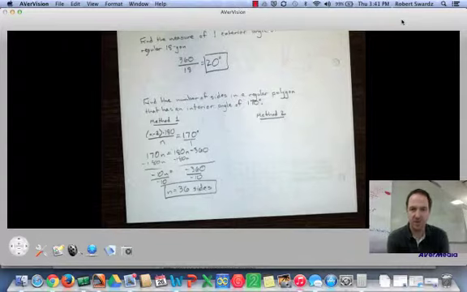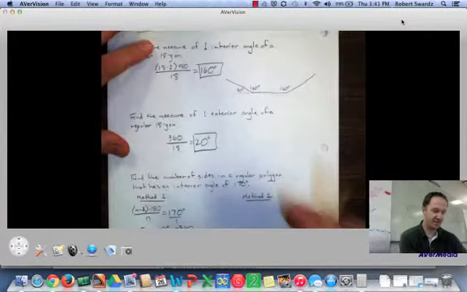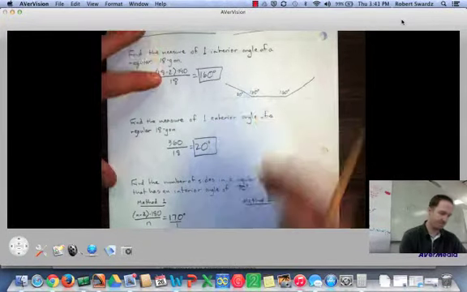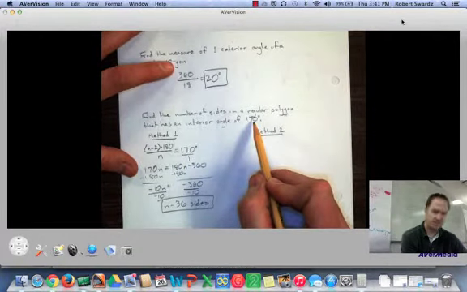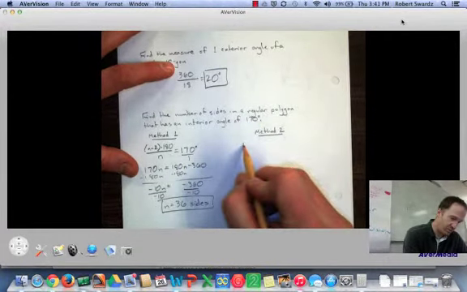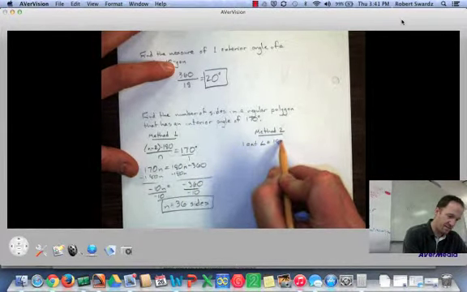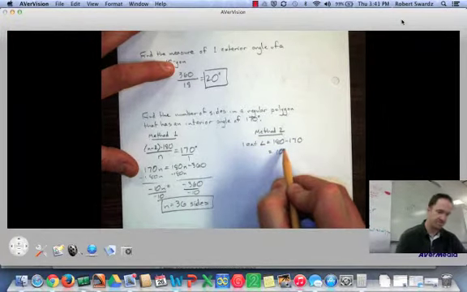Now there is another way to do this. Up here we said that an interior angle and an exterior angle have to add up to 180. So if one interior angle is 170, then one exterior angle is going to be 180 minus 170, which is 10 degrees.